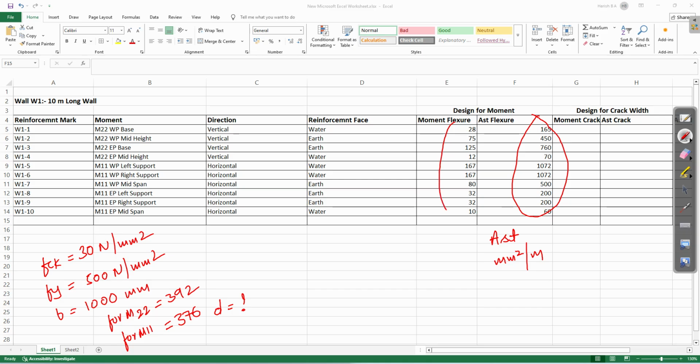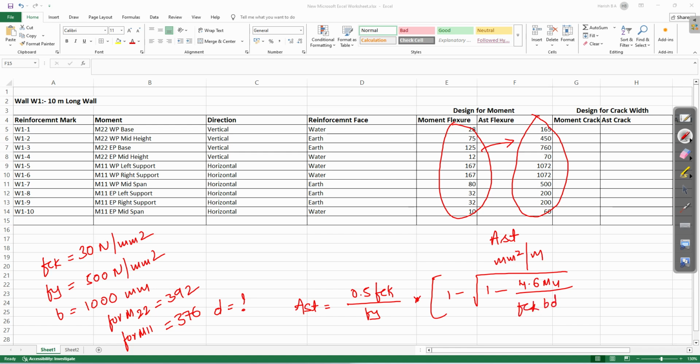I have converted these moment values to area of steel by using the equation AST equals 0.5 FCK divided by Fy into 1 minus square root of 1 minus 4.6 Mu divided by FCK B D square into B into D. By using this equation, I have converted moments to equivalent areas.